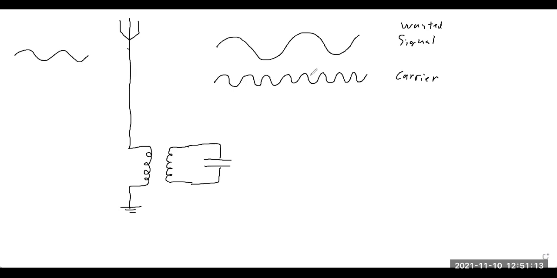So it takes this carrier signal, and when you want to send a peak, you just send high amplitudes of the carrier signal. And when you want to send a trough, you send low amplitudes of the carrier signal.